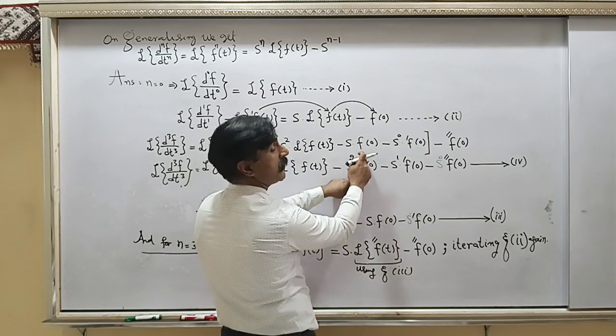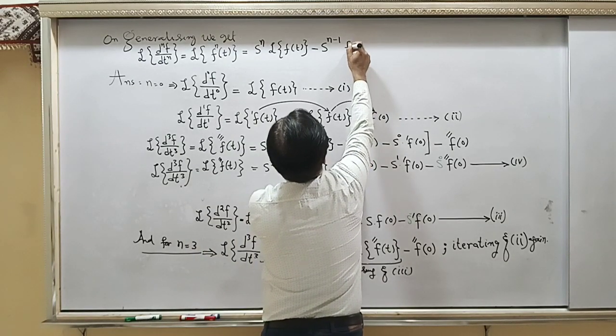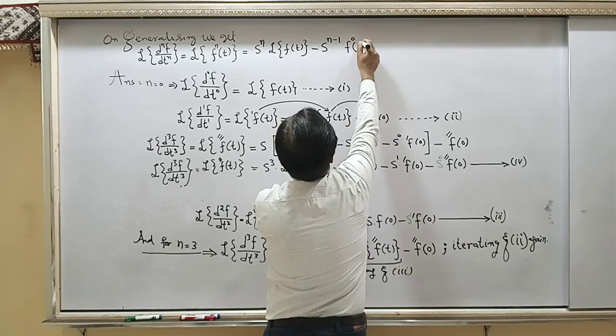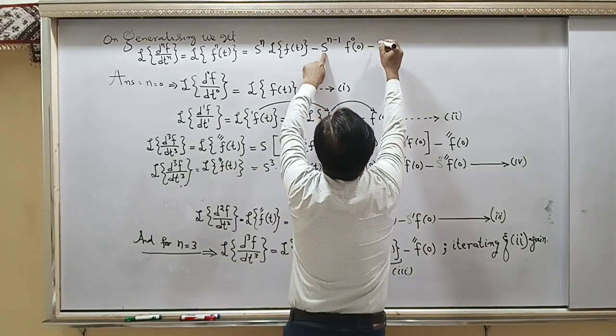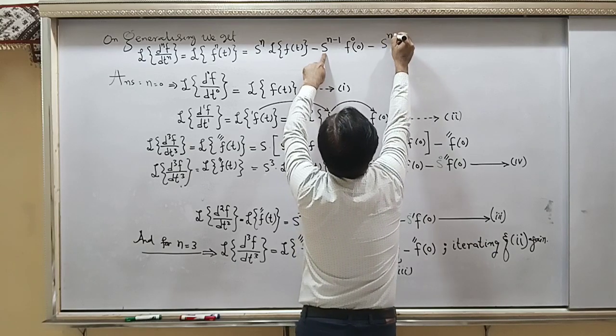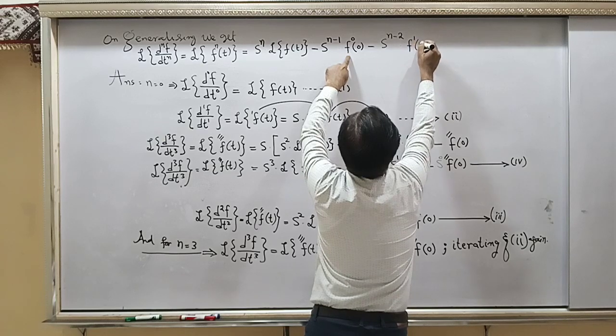No derivative means the zeroth order of derivative. So you will write here the zeroth order of derivative, right? And then reduce this exponent of s by 1 and increase this order by 1.